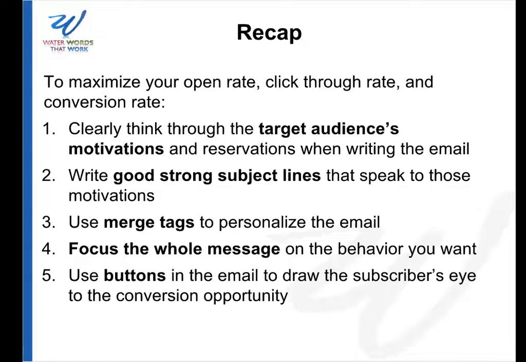The third tip is to use merge tags to personalize the email. The fourth tip is to focus your whole message on the behavior that you want. And the fifth tip is to use buttons in your email to draw the subscriber's eye to the conversion opportunity.